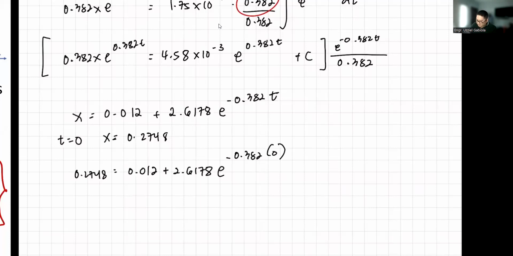Nawala yung c, ano? May c dito. Okay. So ito magiging 1. So makukuha natin yung value ni c as 0.2748 minus 0.012. Divide natin ng 2.6178.